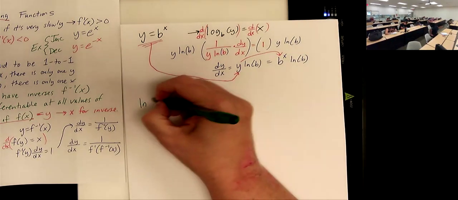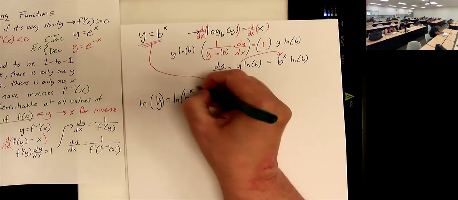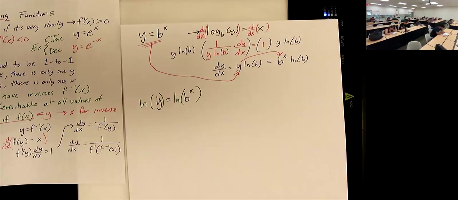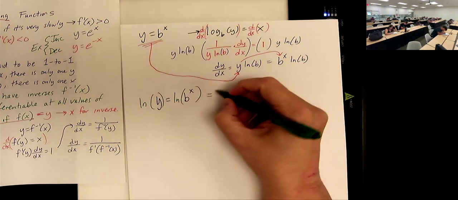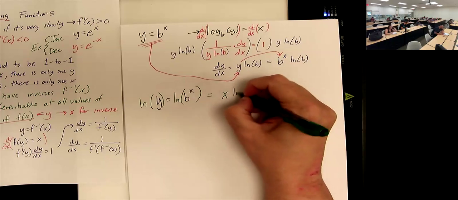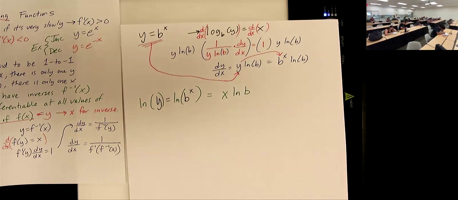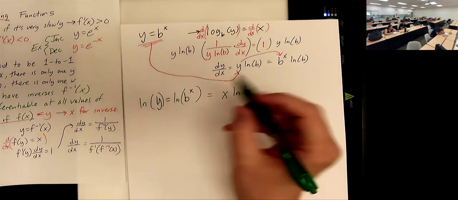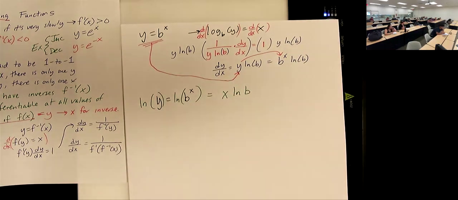Take the natural log of both sides, which allows us to bring that x down. I don't need to put in absolute values because exponentials are always positive, so y is always positive for y equals b to the x.